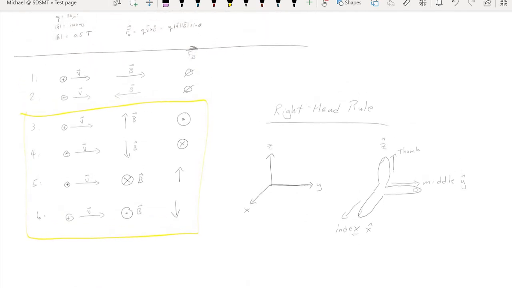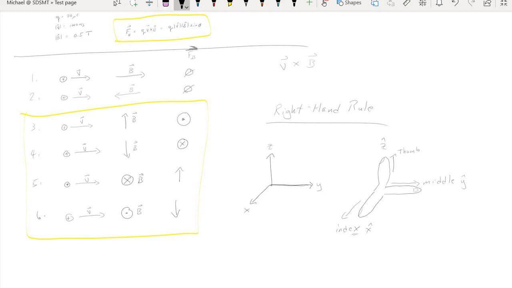Every one of these combinations, combinations 1 through 6, are going to utilize this cross product expression. We need to take the direction that our velocity vector is pointing. We have to cross it with the direction that the magnetic field vector is pointing.